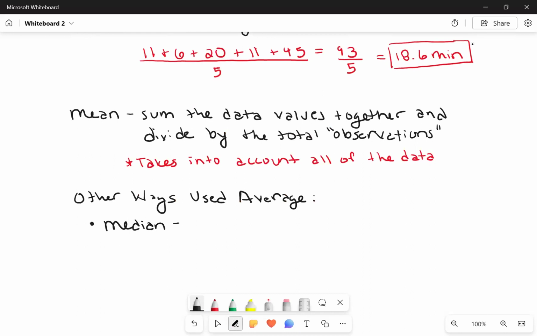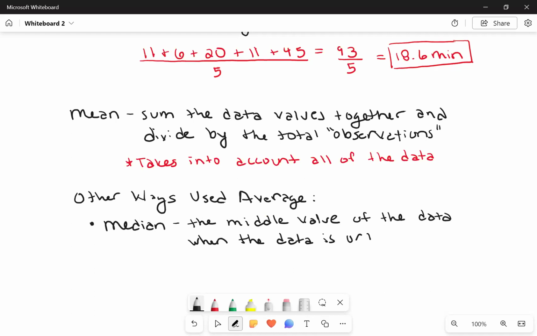The median is the middle value of the data when the data is ordered from smallest to biggest. So it's the middle value.